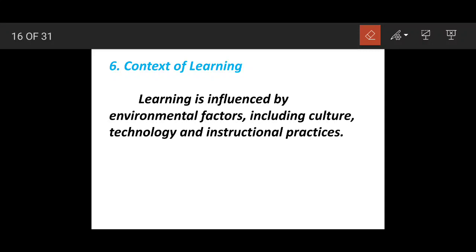That is why we try to provide our learners with the best classrooms we can afford. Pinapaganda ni Ma'am at ni Sir yung kanilang classroom. Lalagyan ng mga structures din. May mga posters, may reading corner, may math corner, social studies corner. Lahat ng corners nandoon.